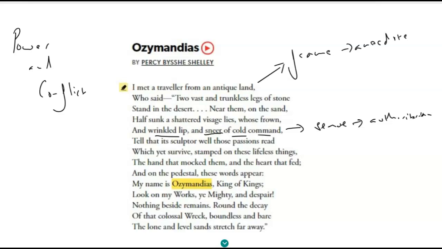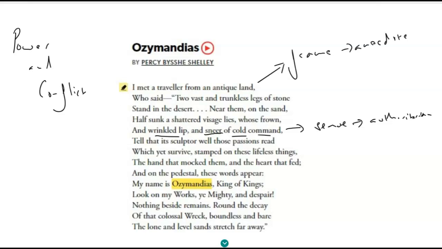"Tell that its sculptor well those passions read, which yet survive, stamped on these lifeless things." So his expression still survives, even though Ramses himself doesn't. And there's a bit of an emphasis on the fact that this is just stone. These are now lifeless. "The hand that mocked them, the heart that fed."